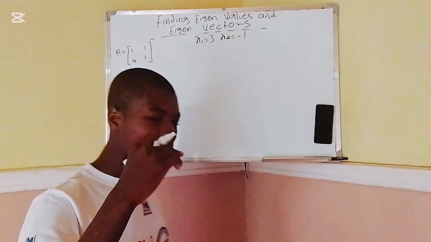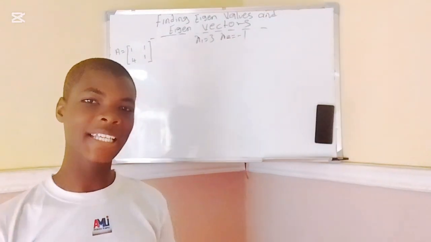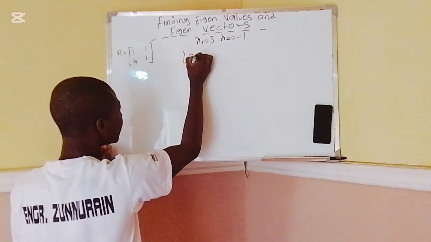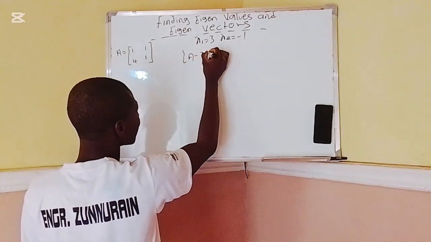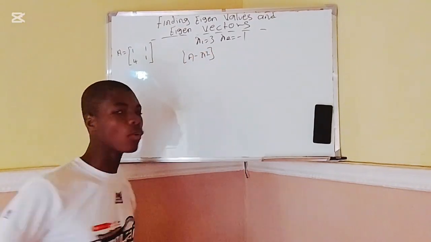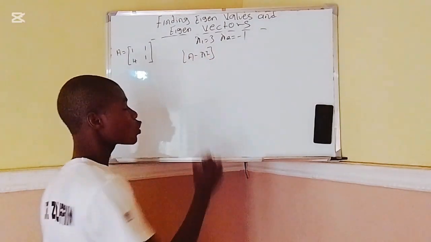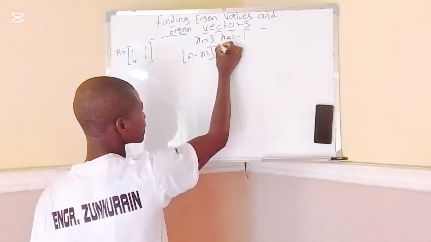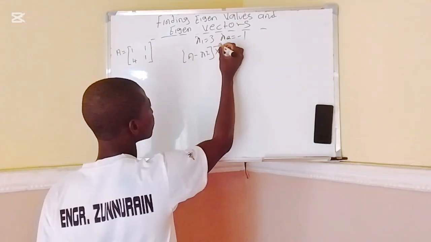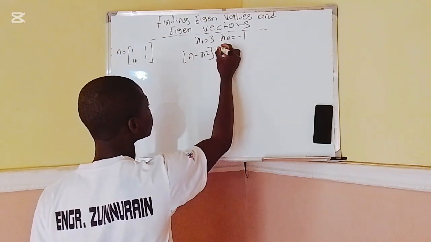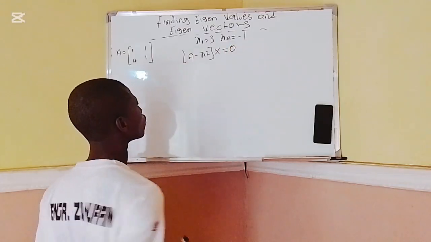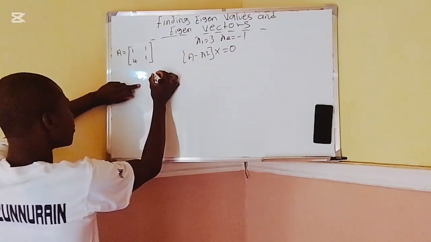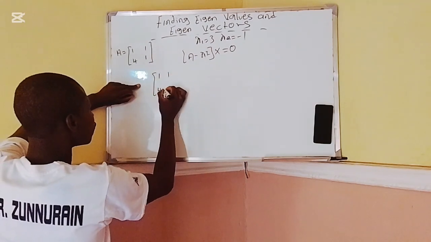So if I am going to find the eigenvector, I've already told you that in the eigenvector, A minus lambda I is multiplied by the scalar value, because we need to find the scalar, which is x, and it equals 0. So what is the value of A? The value of A is this matrix, 1, 1, 4, 1.